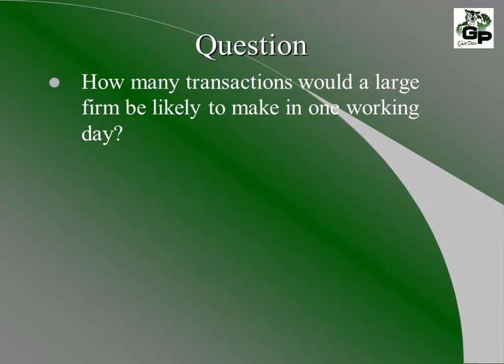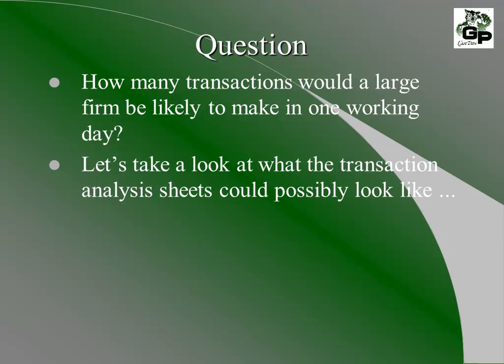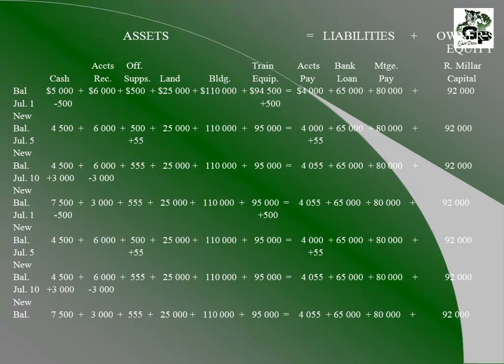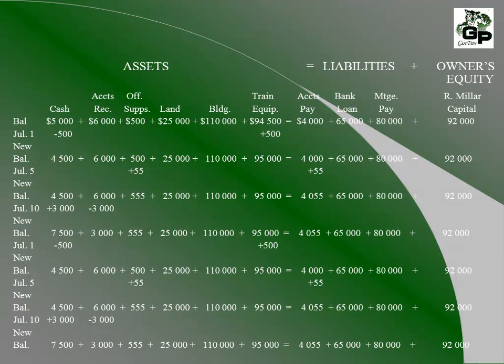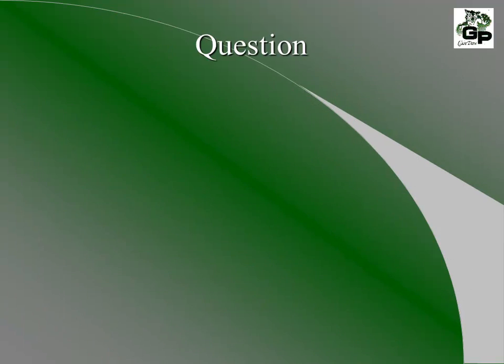How many transactions would a large firm be likely to make in one working day? Let's take a look at what the transaction analysis sheets could possibly look like for a company that had many transactions on a daily basis. Well, here's a page full, and we've got 1, 2, 3, 4, 5 transactions. 1, 2, 3, 4, 5, 6 transactions. 6 more.